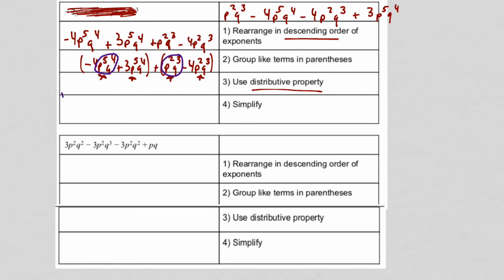So I have p to the 5th power q to the 4th times minus 4 plus 3. And then I also have p squared q to the 3rd times 1 minus 4.